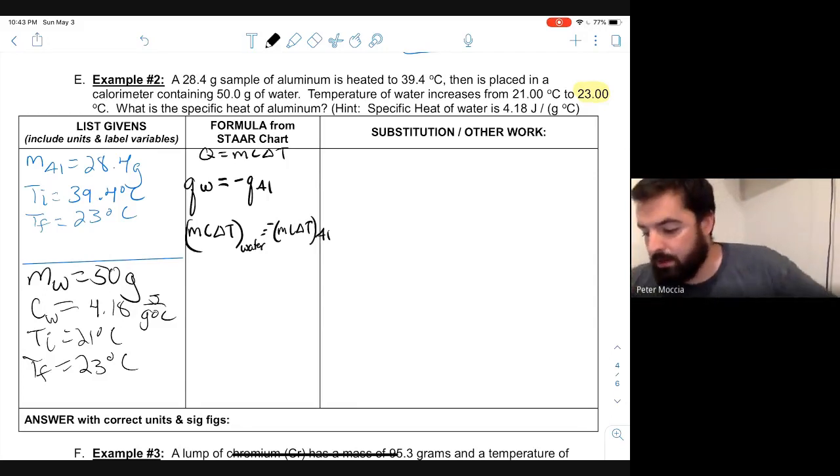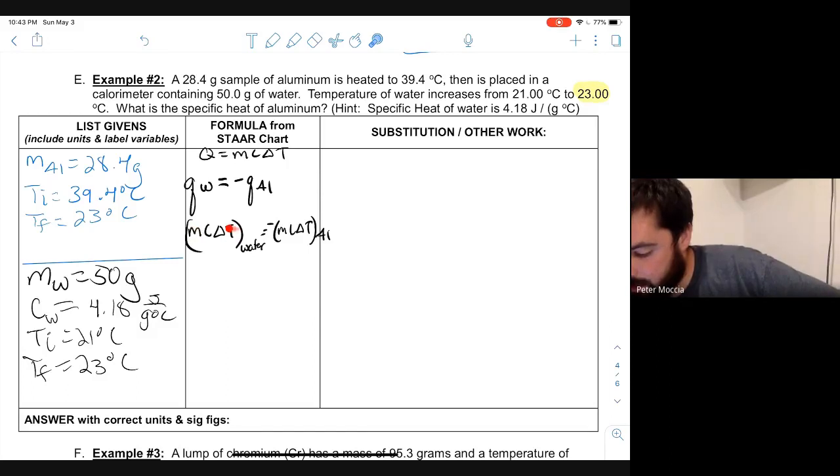MC delta T is just the expression for Q. So MC delta T is the equation for Q. So if I say Q water, I can also say MC delta T water.